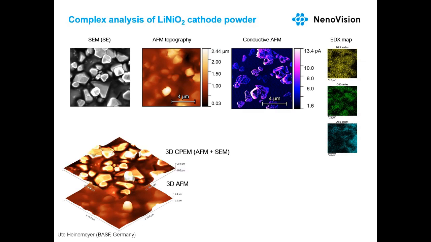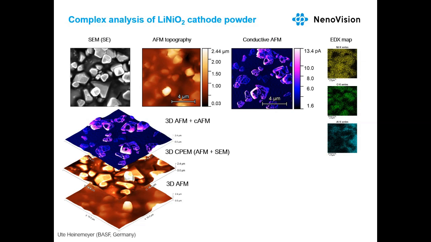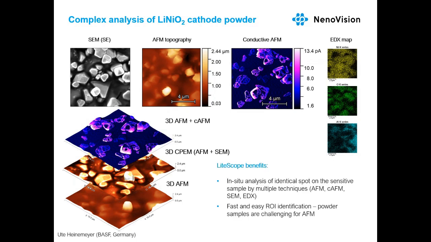We take a 3D, we correlate it with the information from the secondary electron microscope, we correlate it with the conductivity. And this gives you a really deep understanding and a very nice tool for understanding what's going on with the sample. And there is an idea actually to use an E-beam for charging and discharging the individual particles and study the changes in situ. So what are the benefits which we brought?